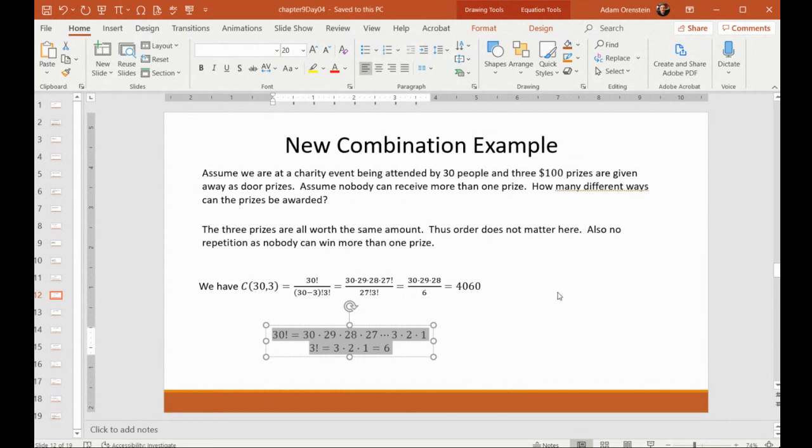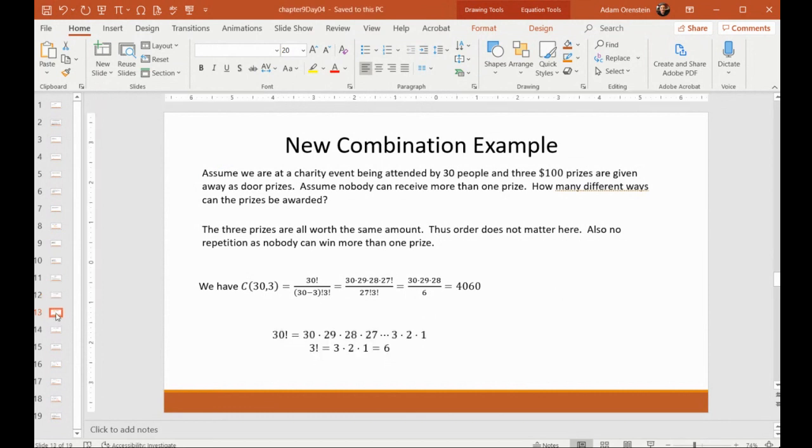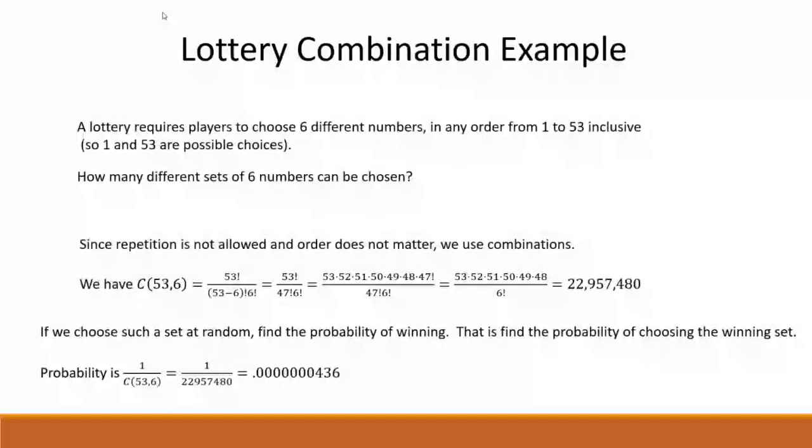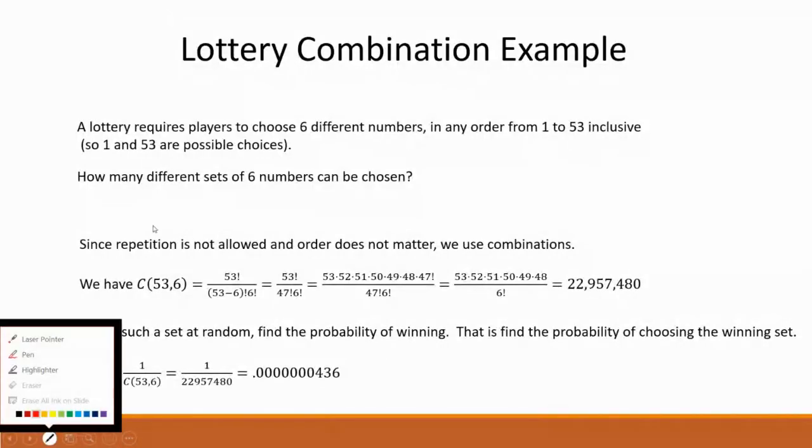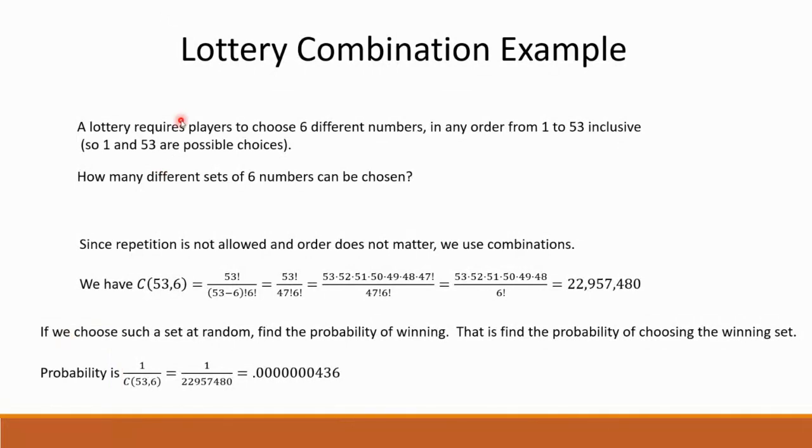Okay, let me move on to the next one then. This one has to do with the lottery. I actually got this from another textbook, the one they use for Math 101, although I modified it a bit. Here, if you decide to play this lottery, you have to choose 6 different numbers in any order you want, from 1 to 53, where 1 and 53 are possibilities.